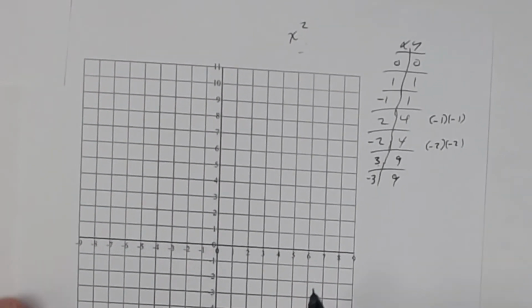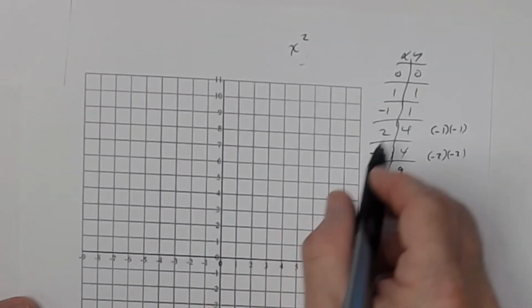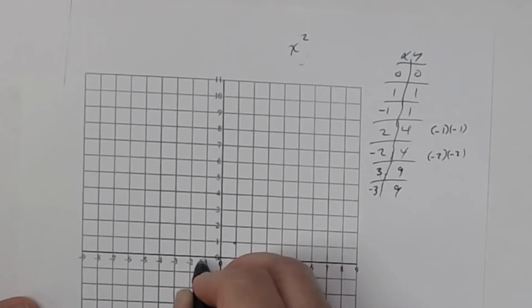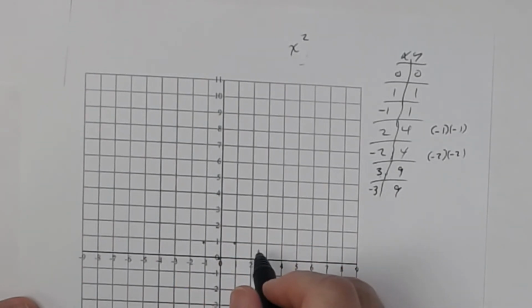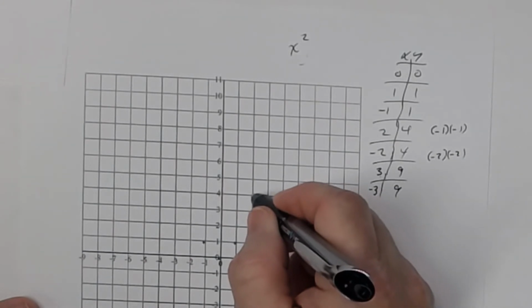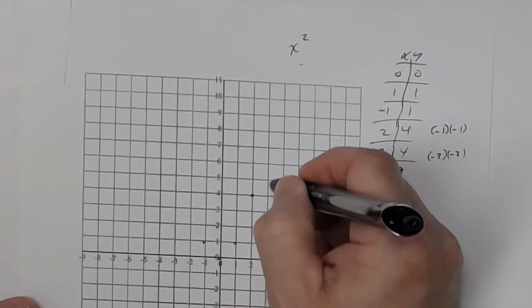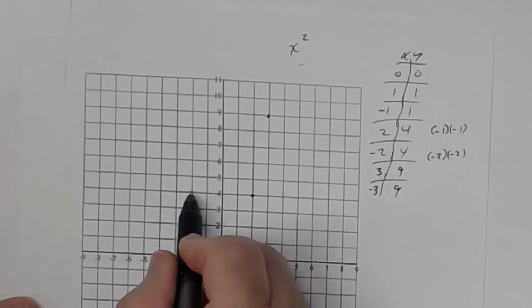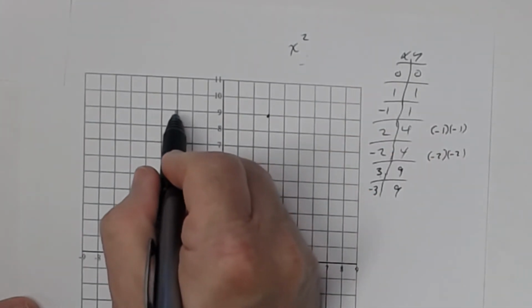So when I graph the parent function, I get 0, 0, which is here. I get 1, 1. I get negative 1, 1. I get 2, 4, which is here. And I get 3, 9, which is here. Same thing on this side, negative 2, 4, negative 3, 9.